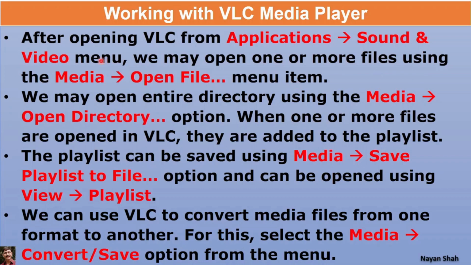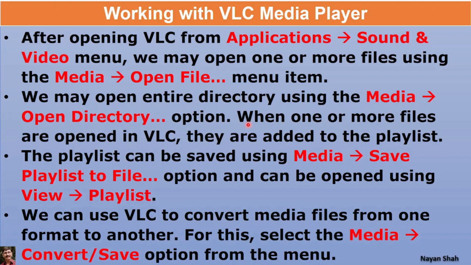Once you open VLC media player from the sound and video menu, then from the VLC media player software you go to the media menu, and in that we have the open file menu. We may open an entire directory. If you have many audio or video files kept in one directory and you want to play all of them one by one without interruption, then you can open the entire directory using the media open directory option.